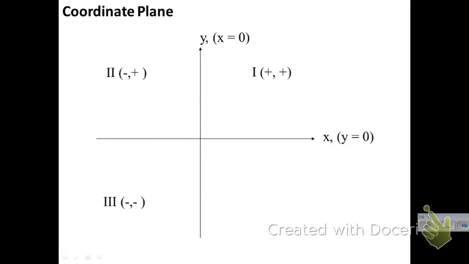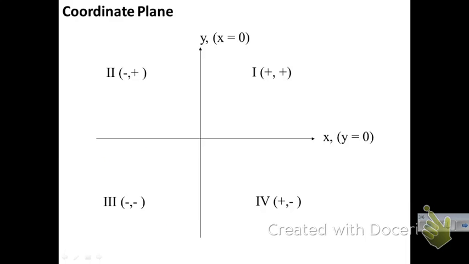Quadrant 3 is down in that left-hand corner. Notice that these two are opposites of each other. Both coordinates are negative in this quadrant. So if I give you the ordered pair -2, -8, we would go back 2, and down 8. You'd get this point right there, which would represent that ordered pair.